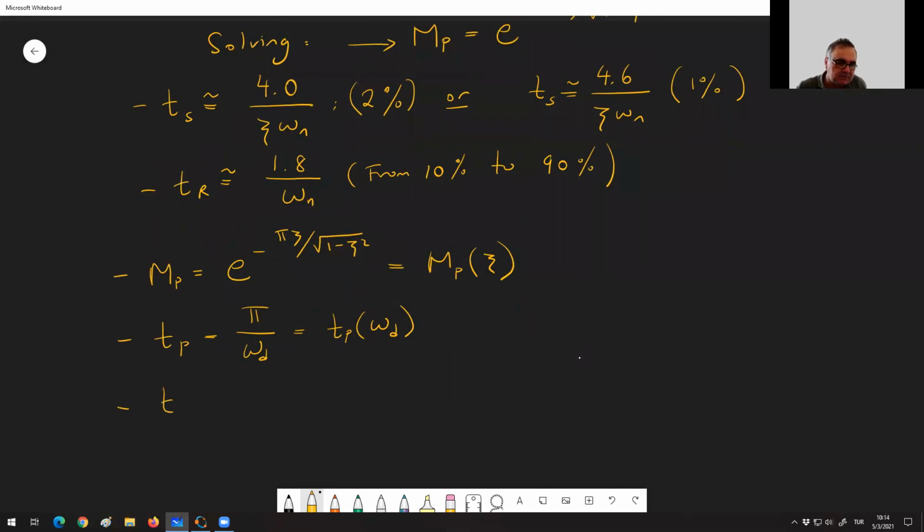The settling time is 4 divided by zeta omega n, which is a function of zeta and omega n.